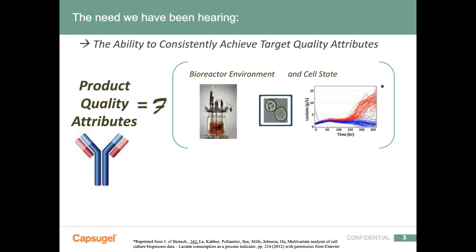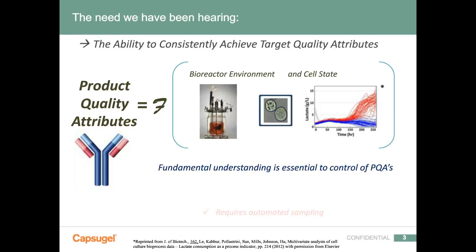This example from Journal of Biotechnology from Lee shows the bifurcation of lactate production in cells. You can't see it early on in the culture because the cells are in a different state. And so understanding both how the bioreactor is running and how the cells are performing is critical to achieving your product quality attributes. And to understand these, you need 2 things to happen.